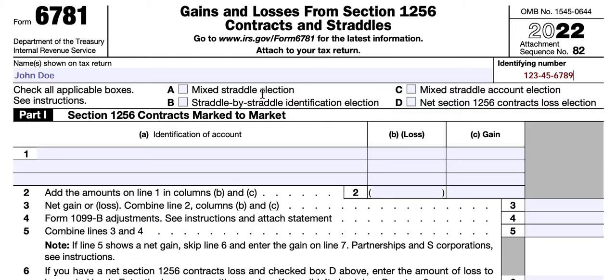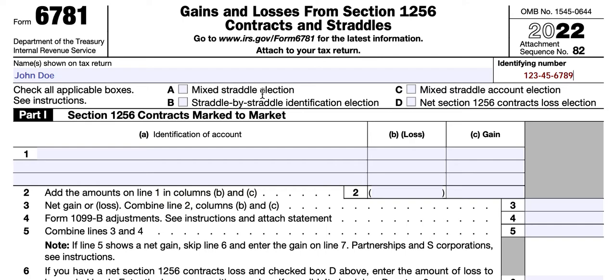So without extensions. So to make this election, you would check box C and then attach to your return a statement that's required by those regulations.